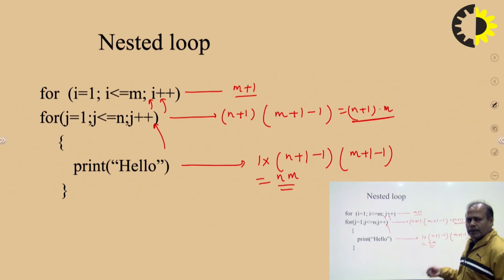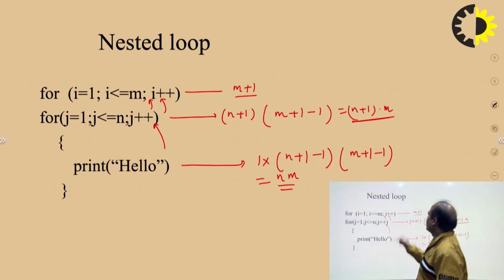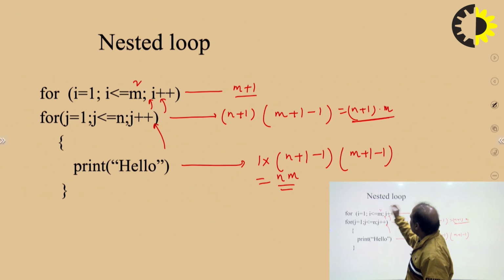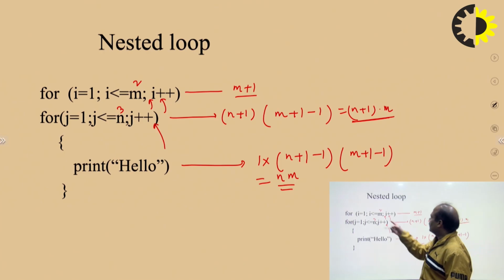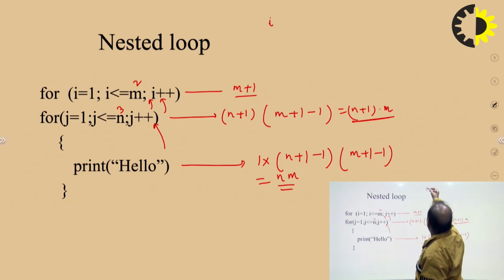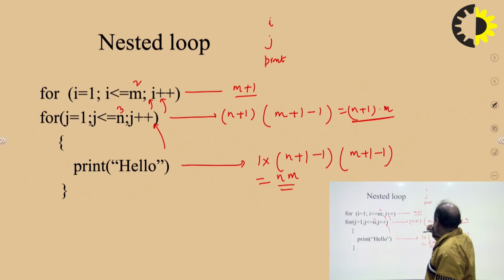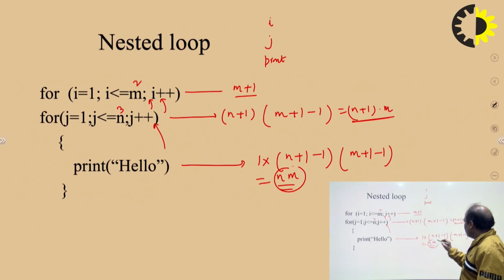Okay, let's have an example. Let us take m equal to 2 and n equal to 3. If you start running I, and this is j, and let's say this is print. Let's understand whether it is in line with our own understanding or not.